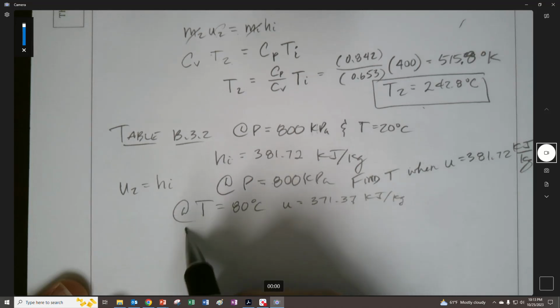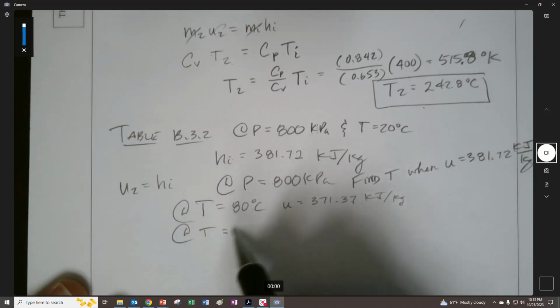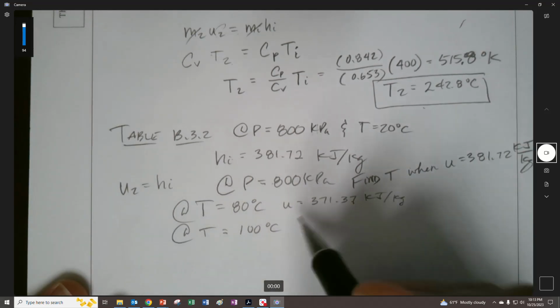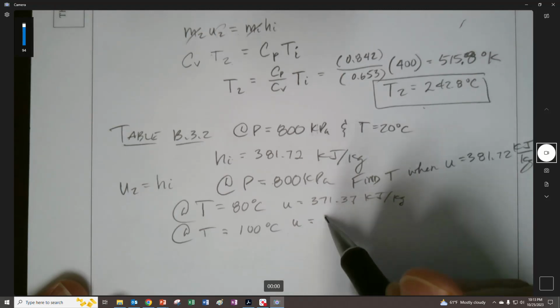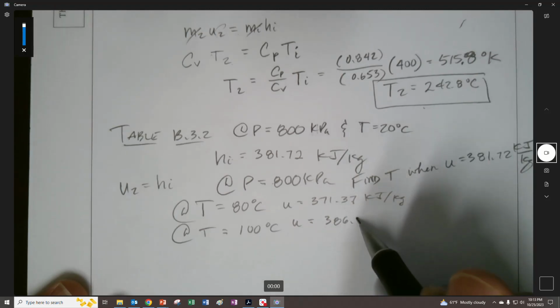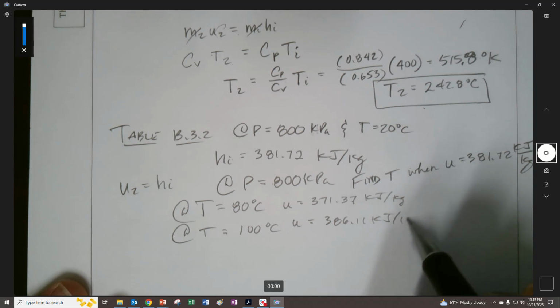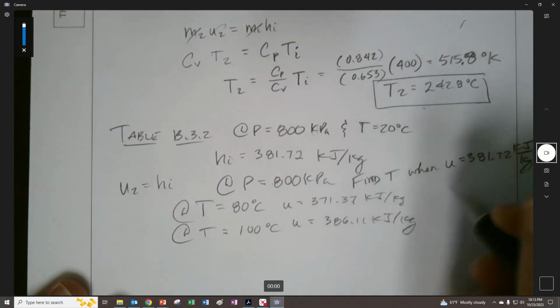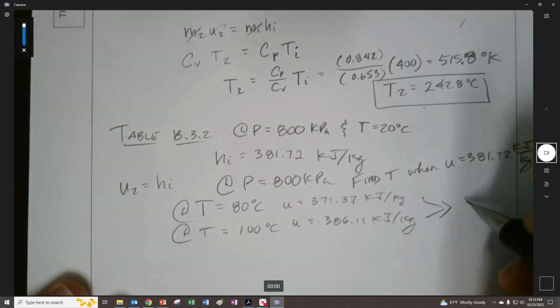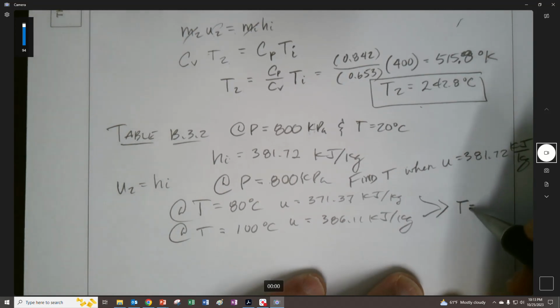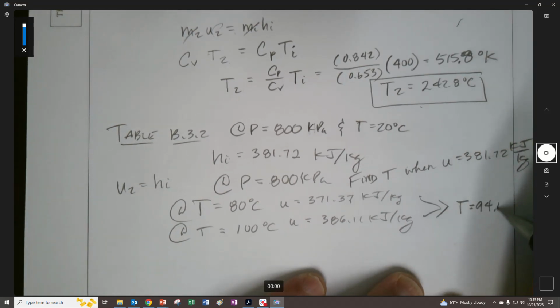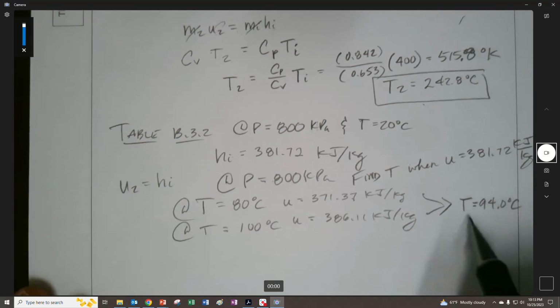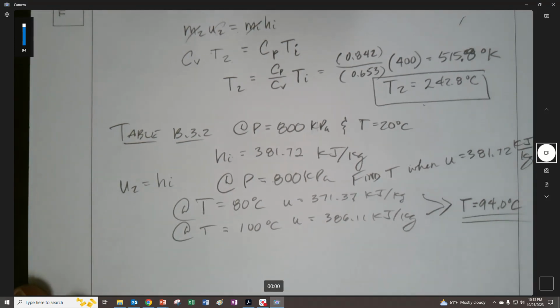And then at 100 degrees Celsius, U is equal to 386.11 kilojoules per kilogram. So if you interpolate right there, you find that T is equal to 94.0 degrees Celsius. And so that's the answer.